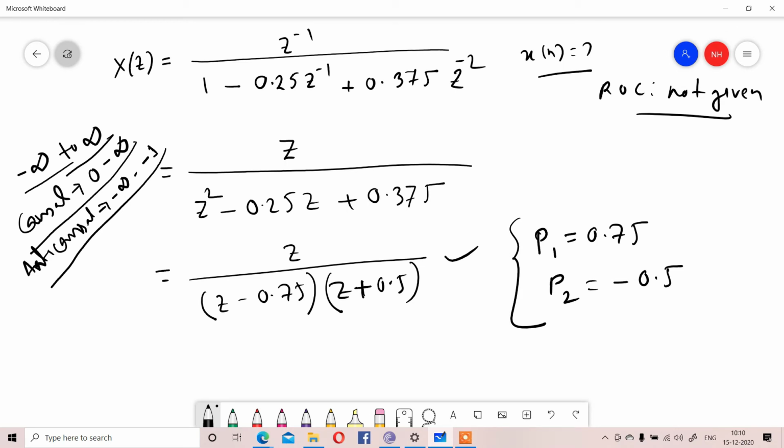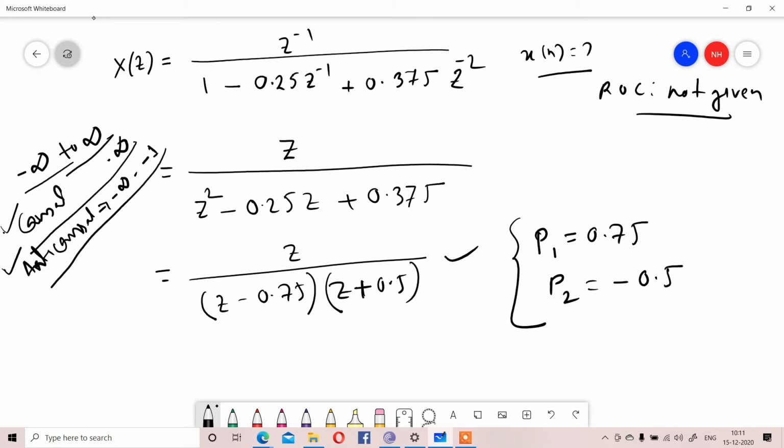That means first you have to calculate the values of all the residues for the causal case, and second, considering the anti-causal case, again you have to calculate the values of residues. Clear or not? I think clear.